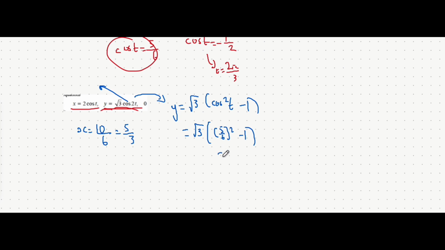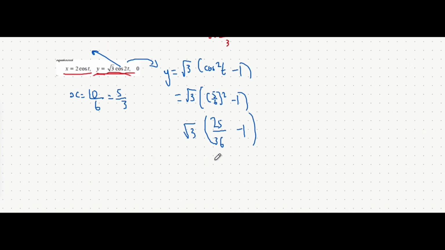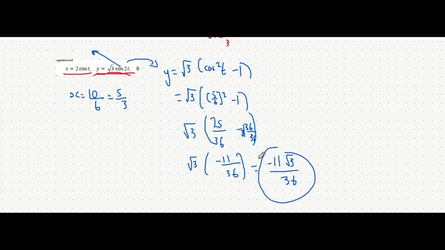When you square, this becomes 25 over 36, take away 1, all multiplied by root 3. 1, we can just replace with 36 over 36. Why do we do that? So that it matches the denominator, and we can easily subtract the numerators of the fractions. 25 take away 36 is minus 11 over 36. And then that's minus 11 root 3 over 36, providing I haven't made any mistakes.